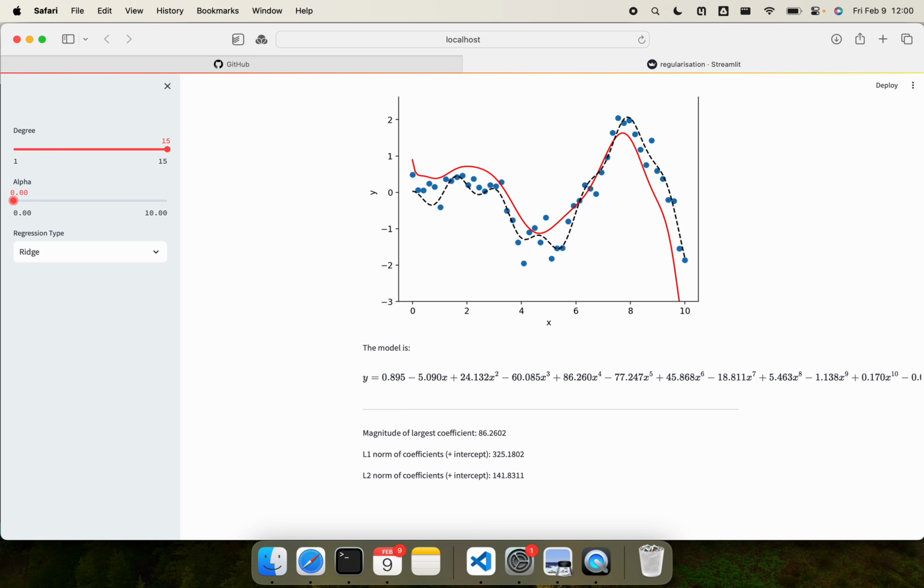The earlier coefficients were 5, 24, 60, 86, 77, 45, 18, 5. Now the coefficients have gone down. The magnitude of the largest coefficient is now 0.98, and the L2 norm of the coefficients plus intercept, or theta transpose theta term, was previously 141, now it's reduced to 1.4.